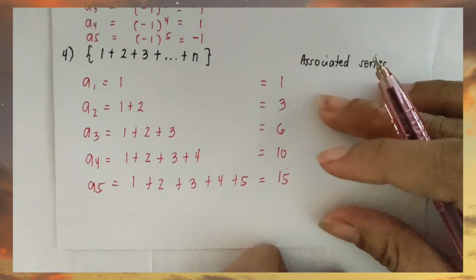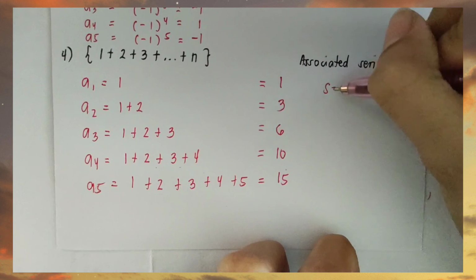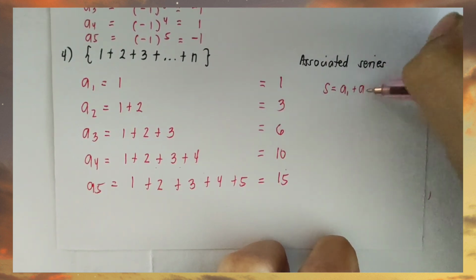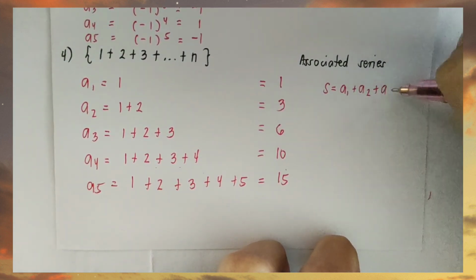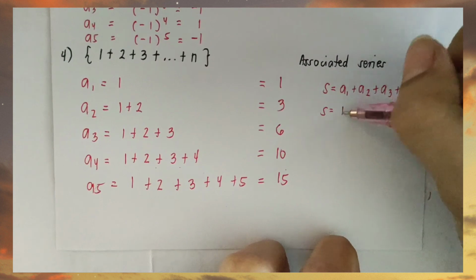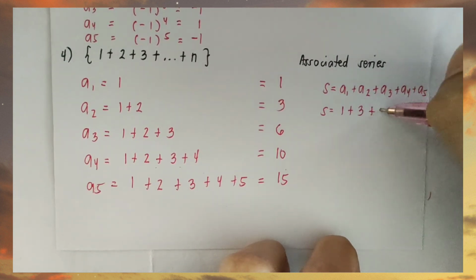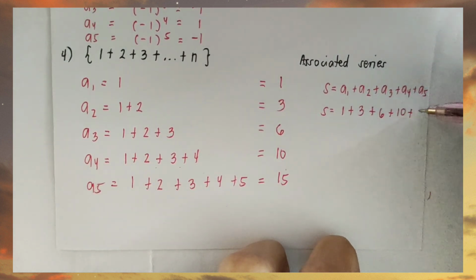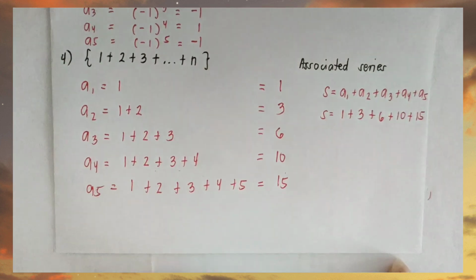Now let us write the associated series. S is equal to A sub 1 plus A sub 2 plus A sub 3 plus A sub 4 plus A sub 5. Substitute the terms. You have 1 plus 3 plus 6 plus 10 and plus 15.